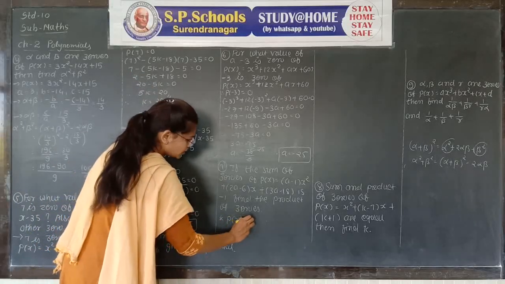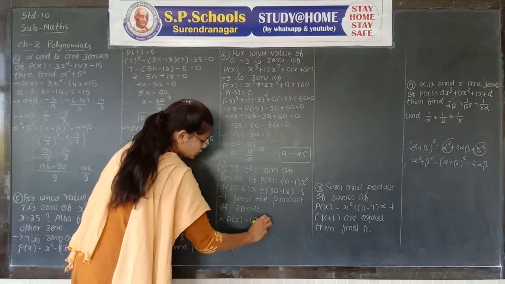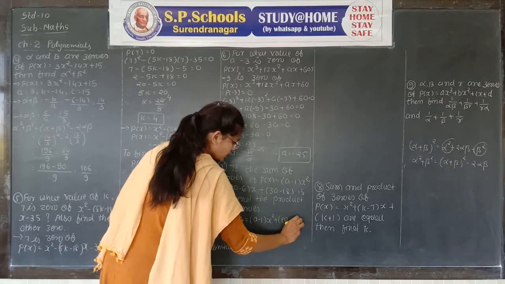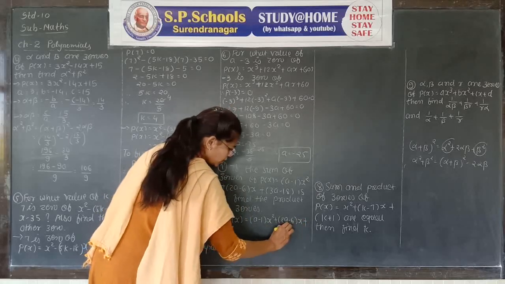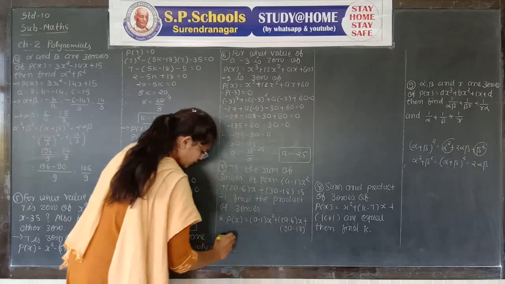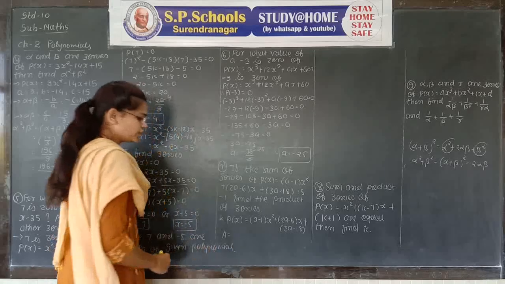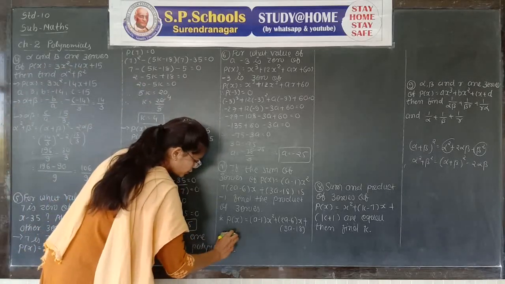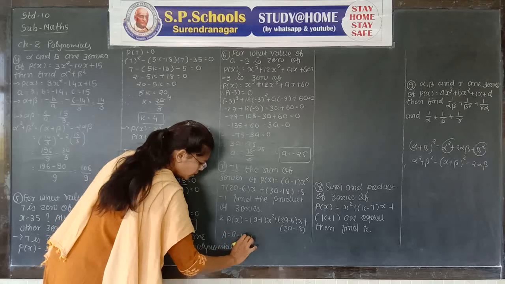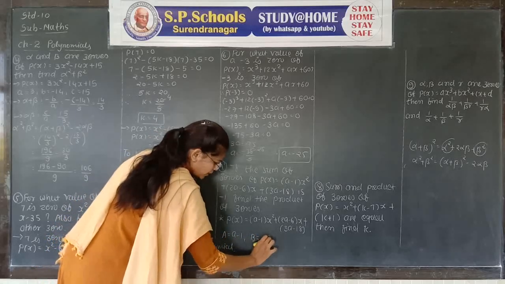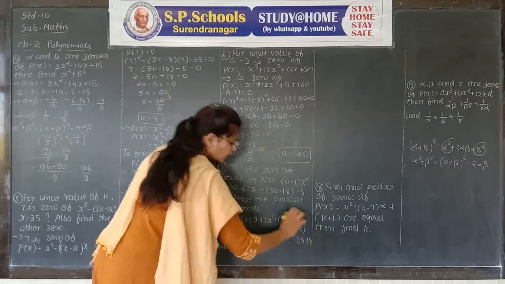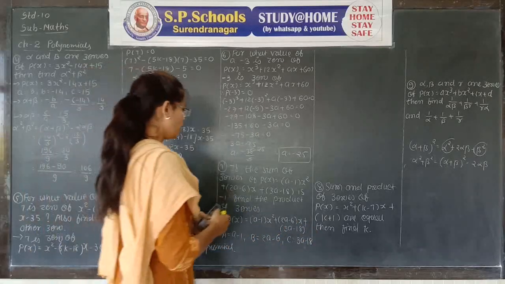P of x is equal to a minus 1 into x square plus 2a minus 6 into x plus 3a minus 18. Here the coefficients are in small a, that's why the capital A, coefficient of x square, is a minus 1, capital B is 2a minus 6, and the constant term c is 3a minus 18. Now first of all, the sum of zeros is given.